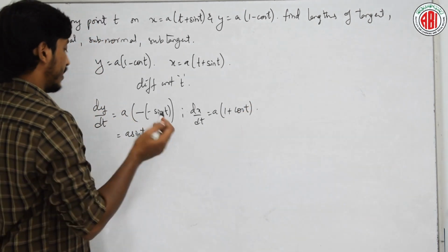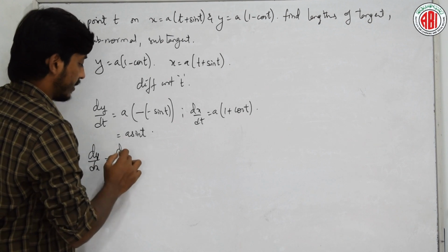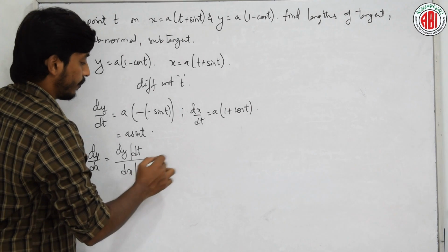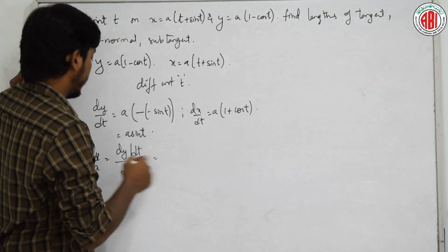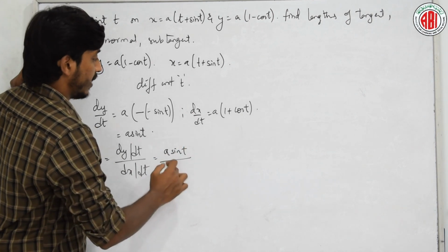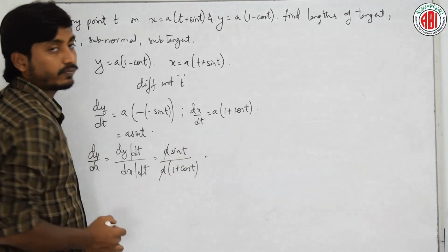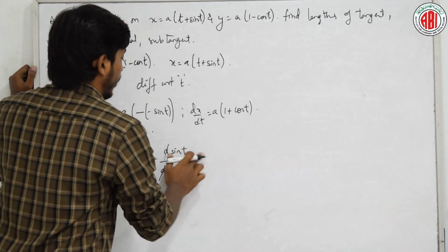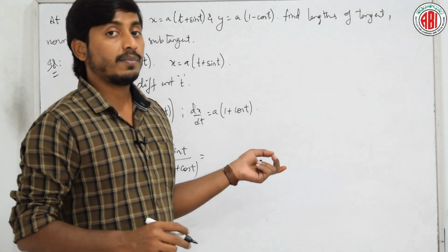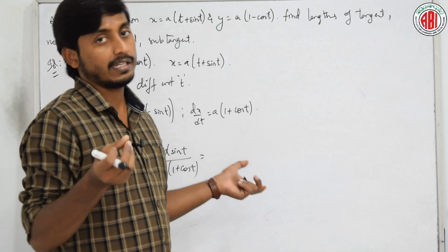Now let us find dy by dx, that is nothing but dy by dt divided by dx by dt. dy by dt is a sin t and dx by dt is a into 1 plus cos t. These both a will get cancelled. Can I simplify more? This is the most important thing, and it is used in further calculations also.